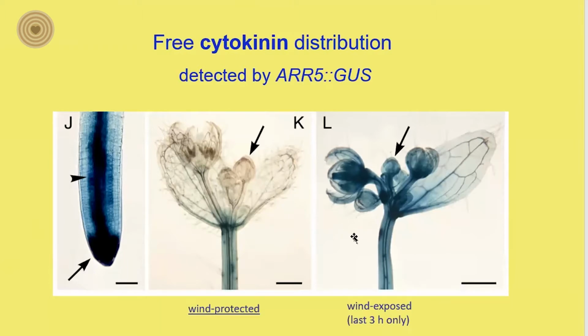If, before the analysis, the plastic was removed and a very gentle wind was blown, cytokinin went up. It's only to tell you that when trees in the forest move by the wind, the leaves and the upper parts of the plant get the cytokinin from the roots.